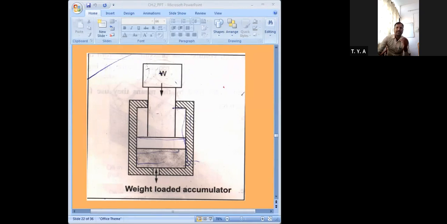I'm just asking you to write yes or no in the chat box whether you understood this accumulator or not. Only a few students are giving answers. Other students, what are you doing? Are you listening to me or not? Those who have given answers, I would say thank you.